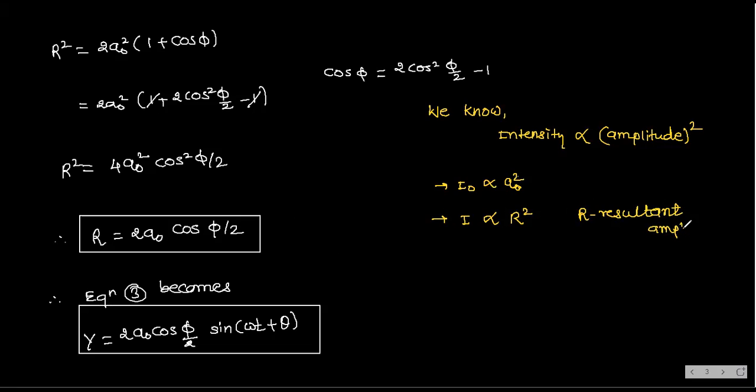So therefore, I is directly proportional to R square value, we know 4 A naught square cos square phi by 2.